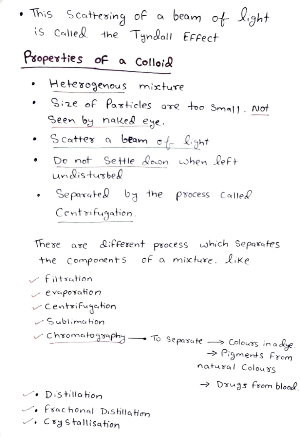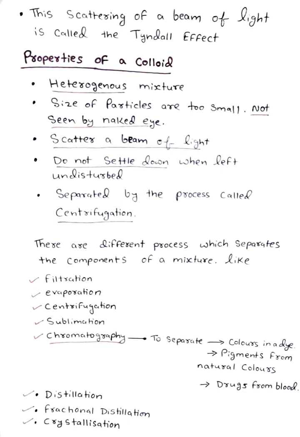They scatter a beam of light when passed through it. They do not settle down when left undisturbed. Separated by the process called centrifugation. The separation of the solute from the solvent is only possible by centrifugation in the case of a colloidal solution.